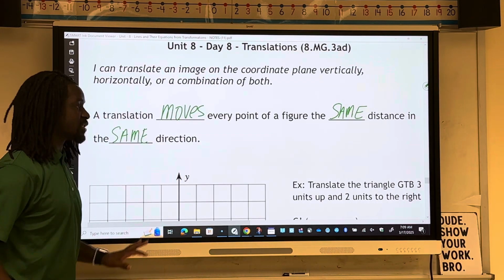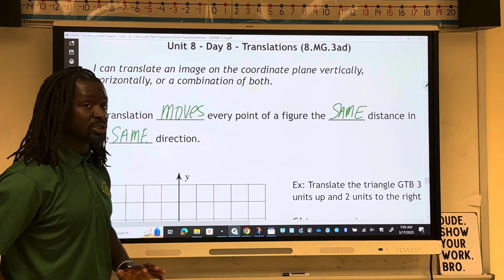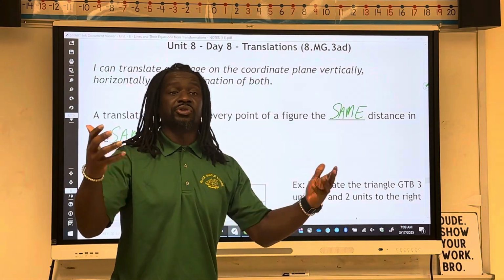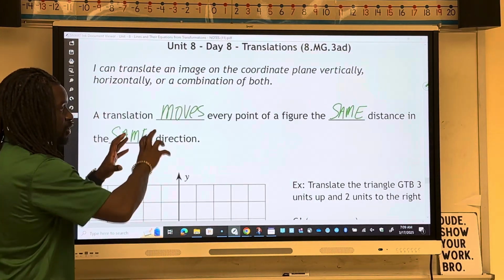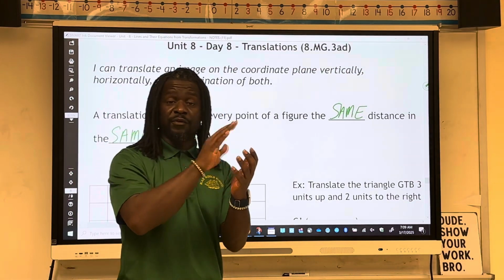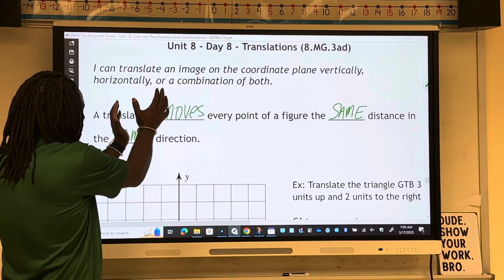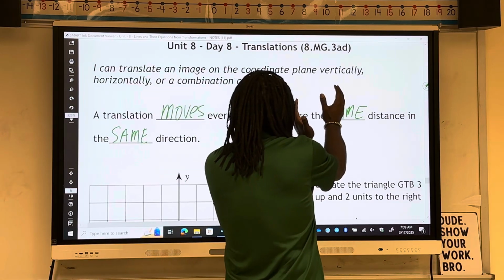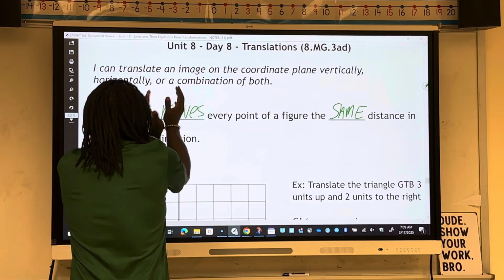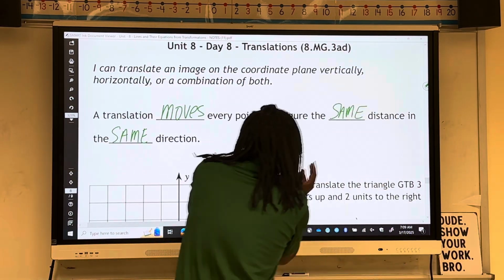This is what sets translations apart from other transformations. You're not twisting the figure, you're not flipping it, you aren't making it bigger, you are just simply taking the figure and moving it. You just translated it, all right?